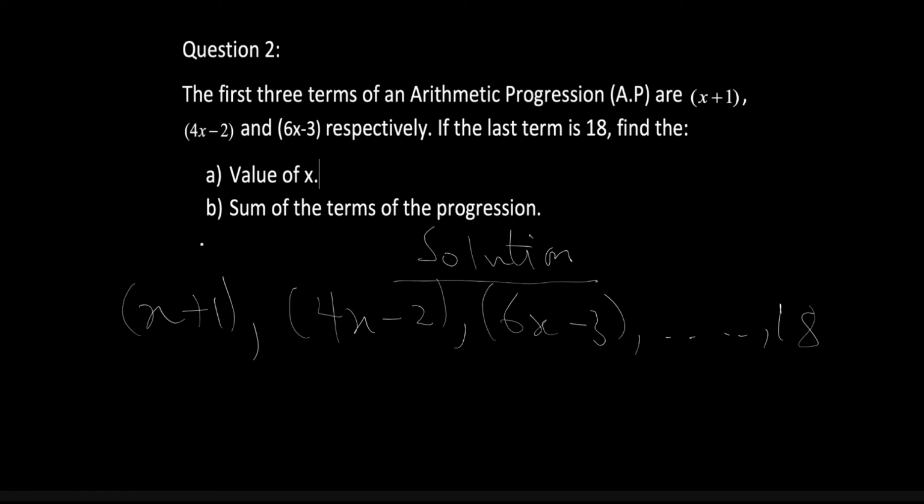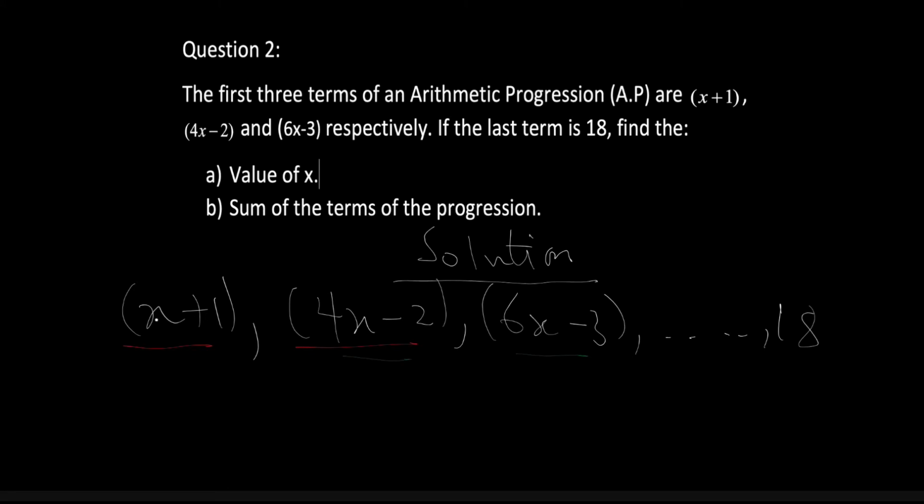First of all, this is an arithmetic progression, which means it has a common difference. What this means is, if you subtract this from this, you get the same answer as subtracting this from this.